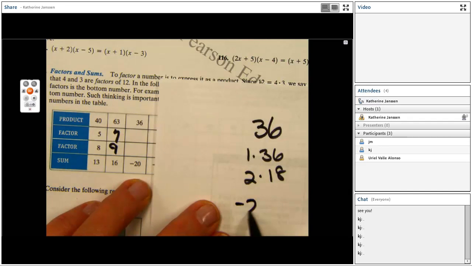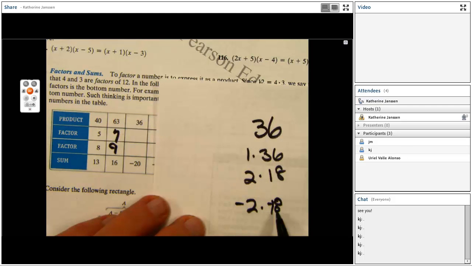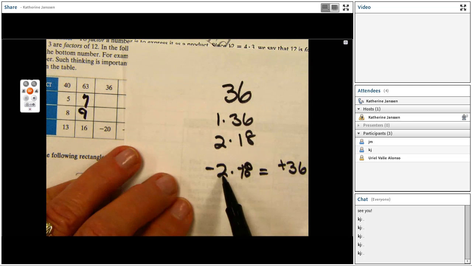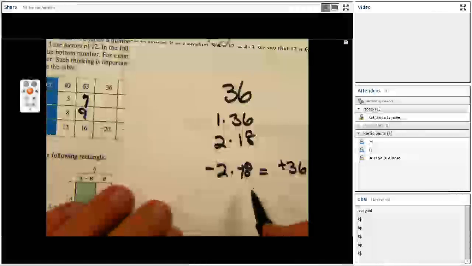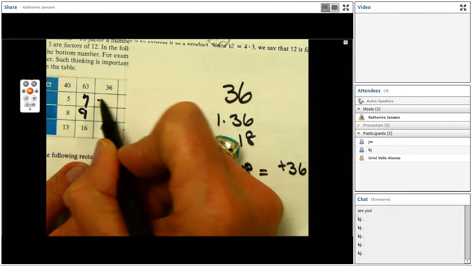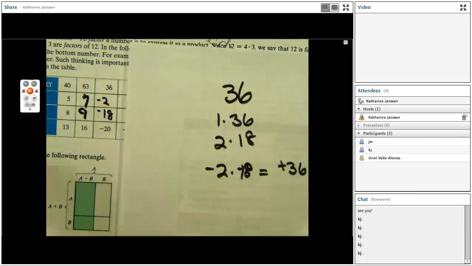How about a negative 2 times a negative 18? A negative 2 times a negative 18 equals positive 36, right? Factor pairs. And a negative 2 plus a negative 18 is negative 20. So my factor pairs are negative 2, negative 18. Remembering we have to control sign.